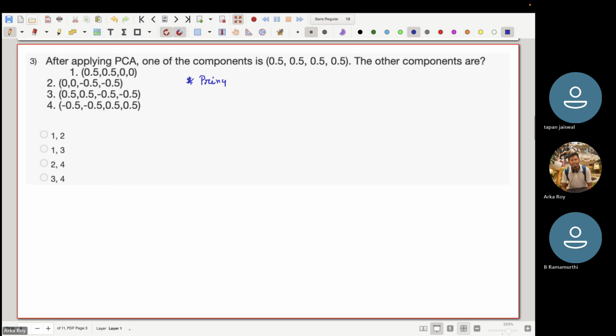Principal component analysis is done based on the eigenvalue decomposition of the covariance matrix.